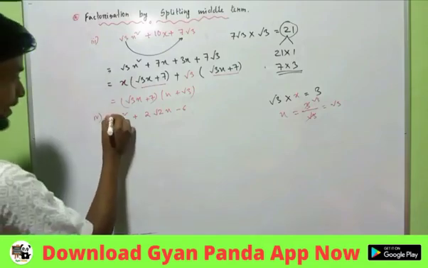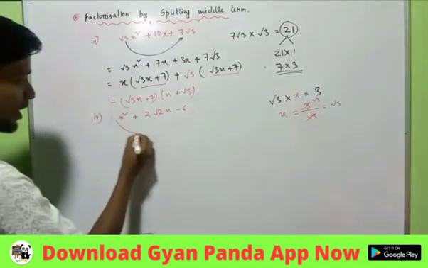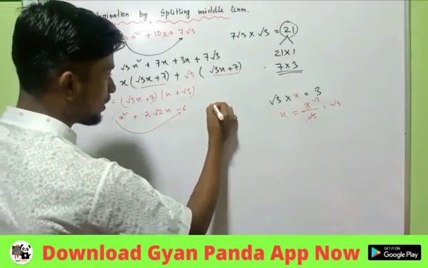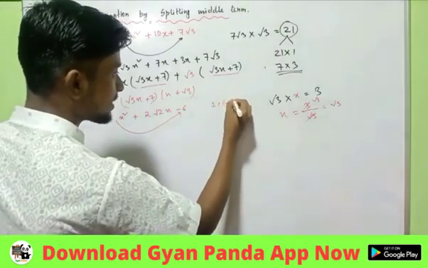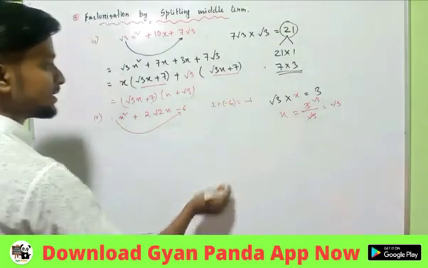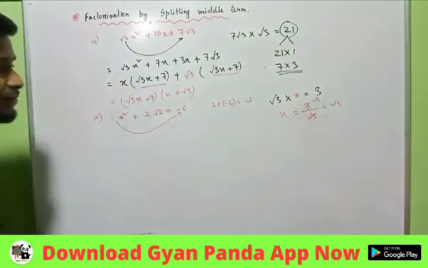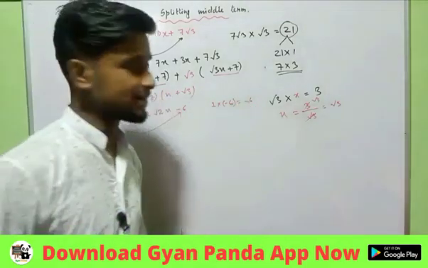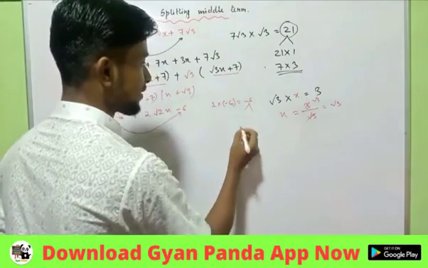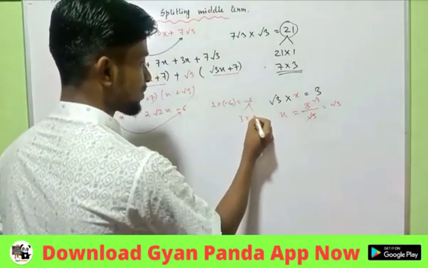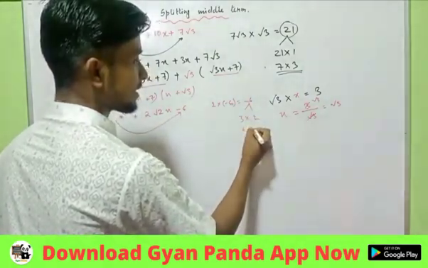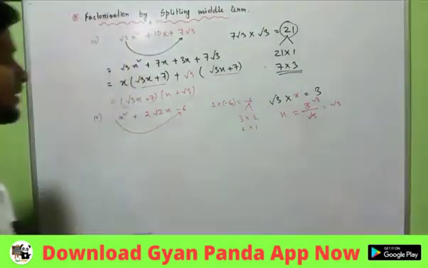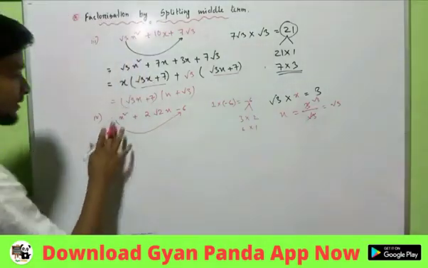We have to multiply the coefficient of x squared, that is 1, with minus 6, which is minus 6. The multiplication of the factors we need to get is minus 6. So what will be the pairs of factors here? 3 and 2, and 6 and 1.